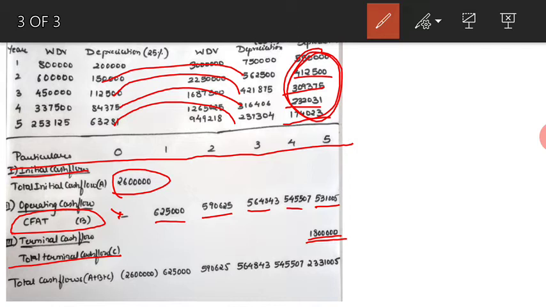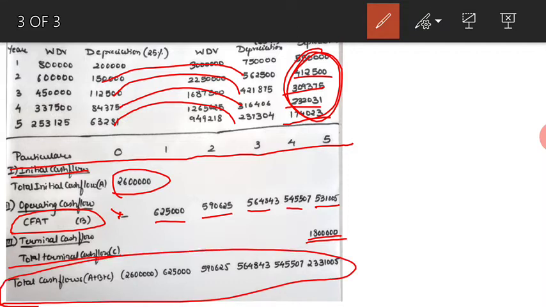Once we have all these three parts, that is A, B and C, finally we have to calculate the total cash flows. So what is this total cash flows? It is A plus B plus C. So A is 26 lakhs for 0 period, and nil and nil. So it would be 26 lakhs minus, because initial cash flow is outflow.